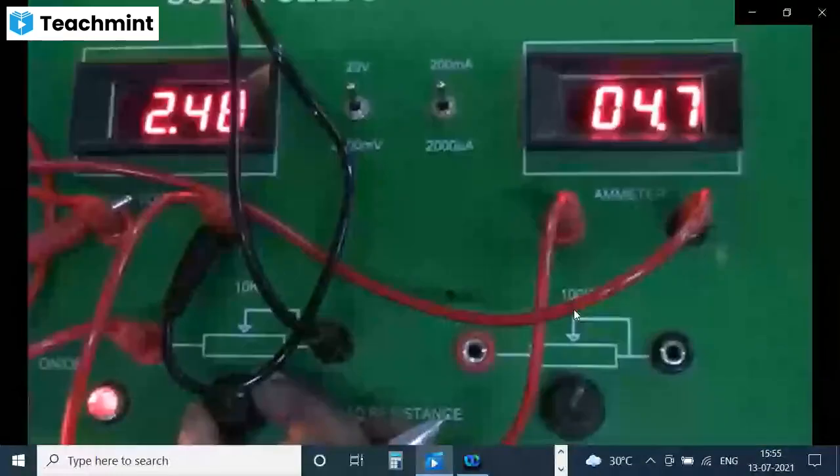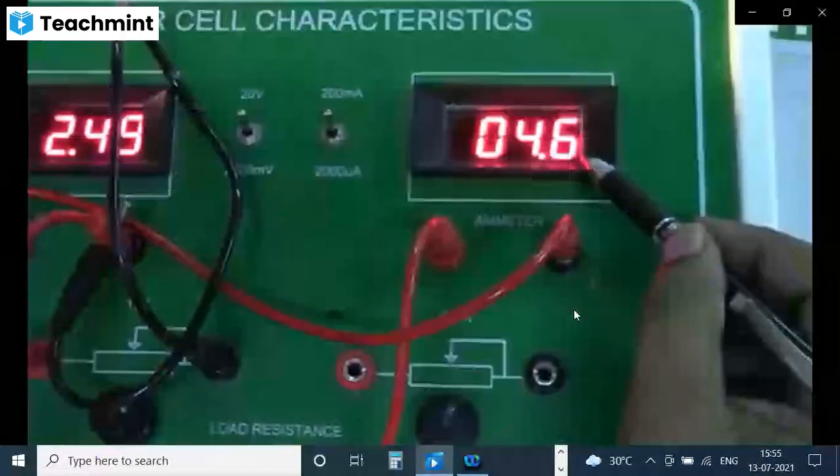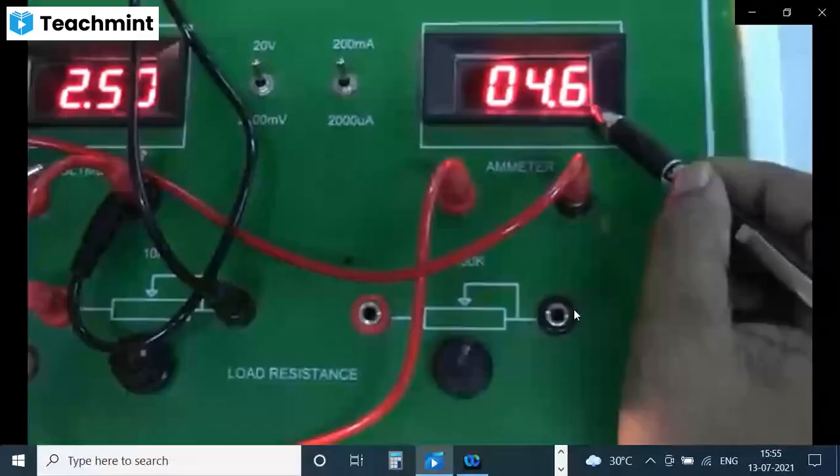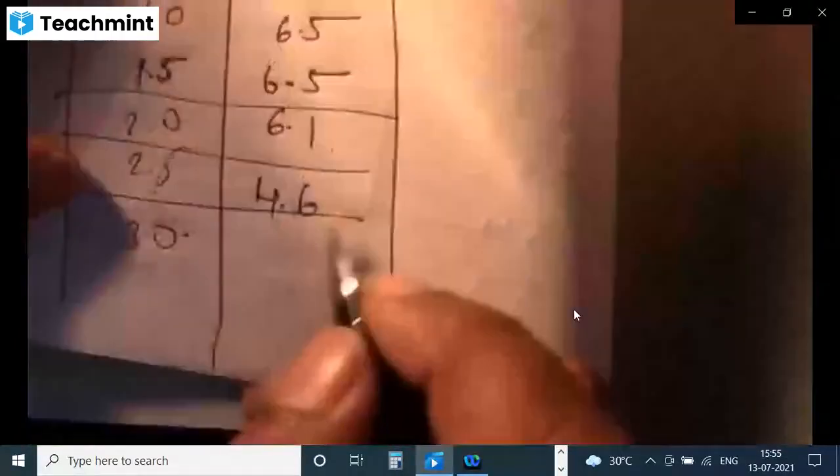For 2 volts, what is the corresponding current? 6.1. For 2.5, what is the current we are getting? 4.6 milliamperes.